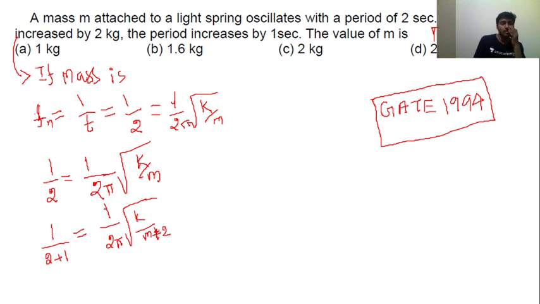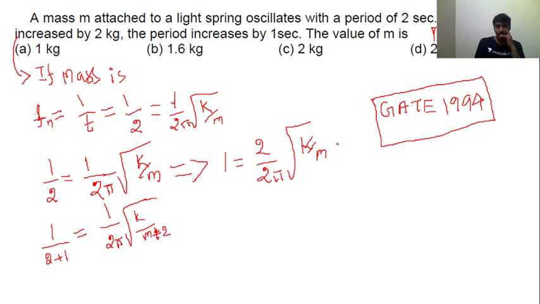Now we have to equate these two equations, 1 divided by 2 and 1 divided by 3. From this equation, I am keeping this 1 here. So 1 is equal to 2 divided by 2 pi into root of k divided by m.